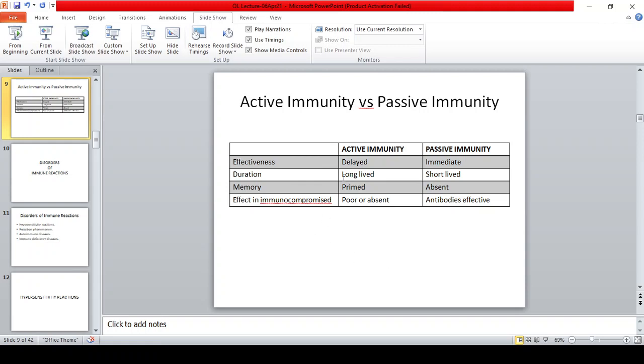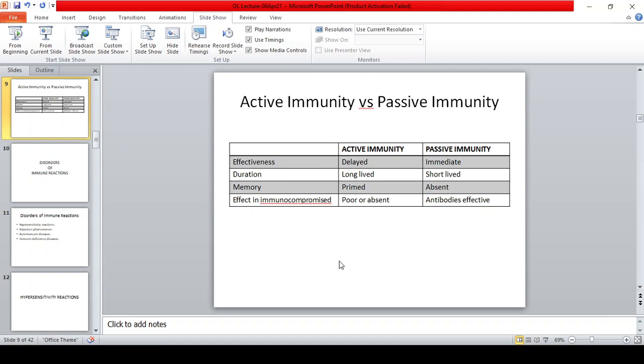The active immunity is long-lived if time duration is taken into consideration, and the passive immunity is short-lived. The memory cells are present in the active immunity, but not in case of the passive immunity.